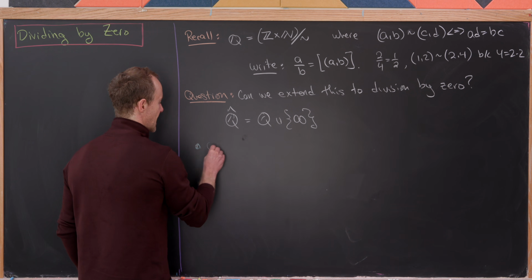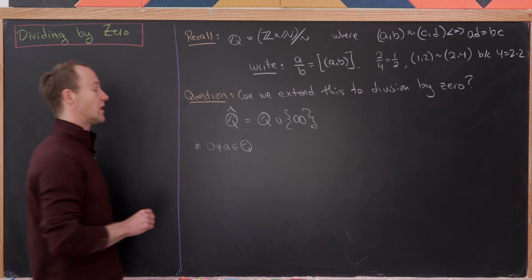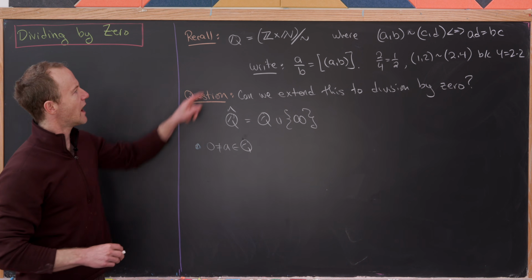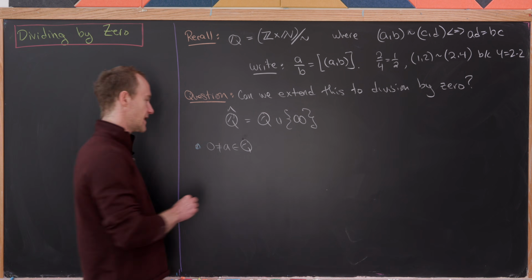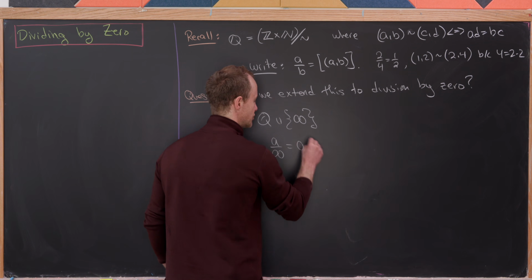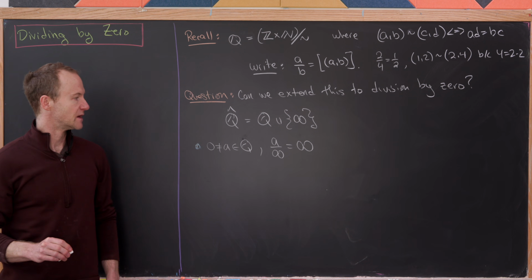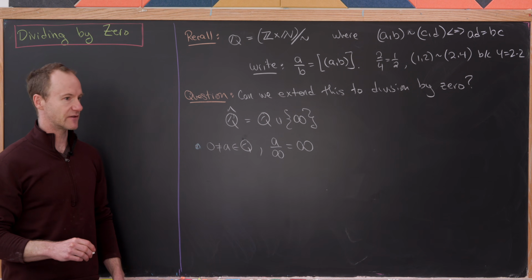If we take a non-zero rational number, which I'll call a, up here a was an integer, but here it's going to be a rational number, I think that's okay, we have a over 0 is equal to infinity. Notice this includes positive and negative rational numbers.